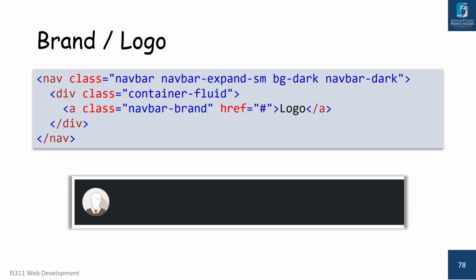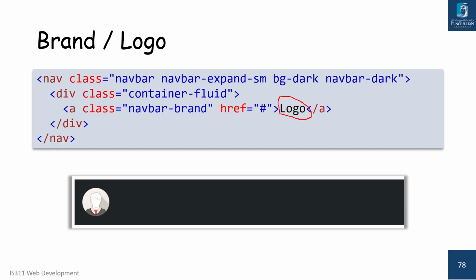And then we have the brand. Actually, I just put a logo here. It should show me that text, not this one. So this image that I show you here does not match with the code which I show. It should show me the text logo, not the image. But of course, if I replace that logo with an image, then it will show the image.